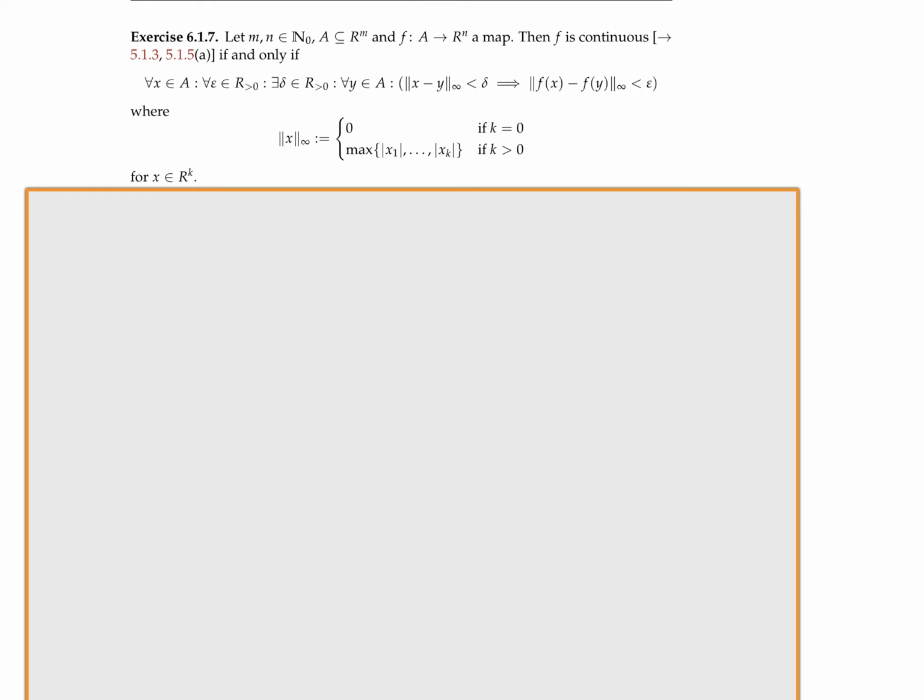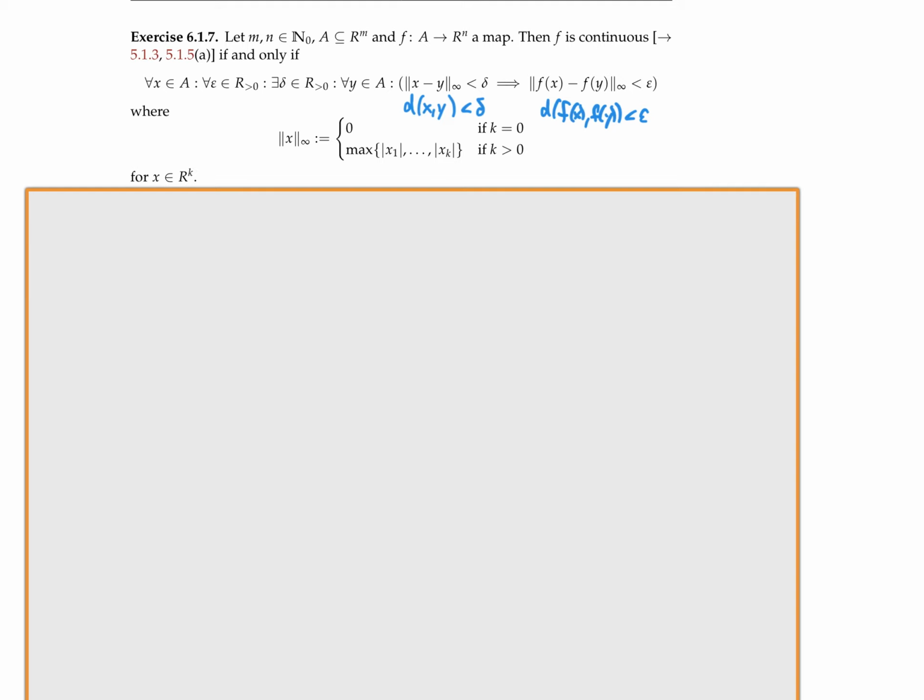I had a similar reformulation of continuity in the case where the topology was induced by a metric.